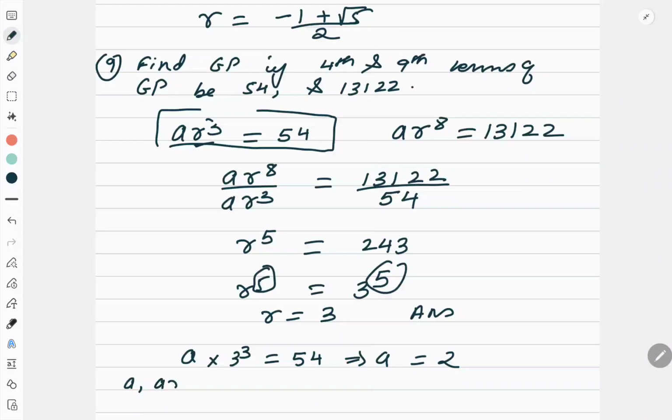GP is A comma AR comma AR square dash dash dash. So what is A? 2 comma AR. So 3 2s are 6. AR square 18. 54. So this is the GP. So always read the question what all they are asking, that all you should write down.